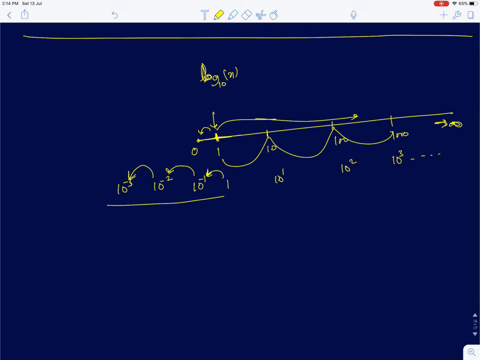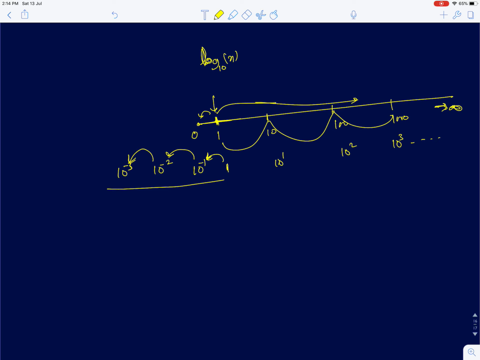Okay, I'll take a logarithmic function, and I'll now take log of these points and show you what happens to this axis from 0 till infinity. So when I take log base 10 of x, log 1 is 0.